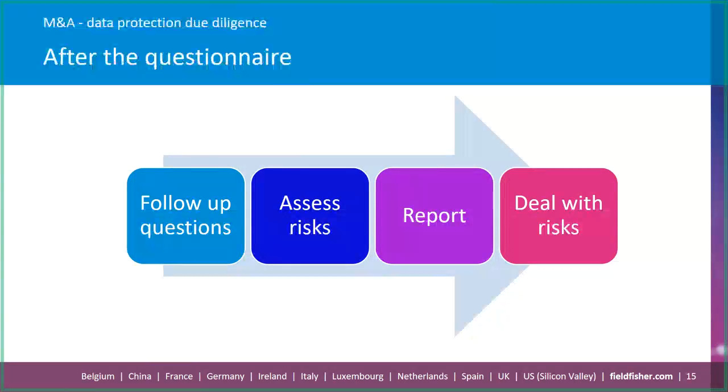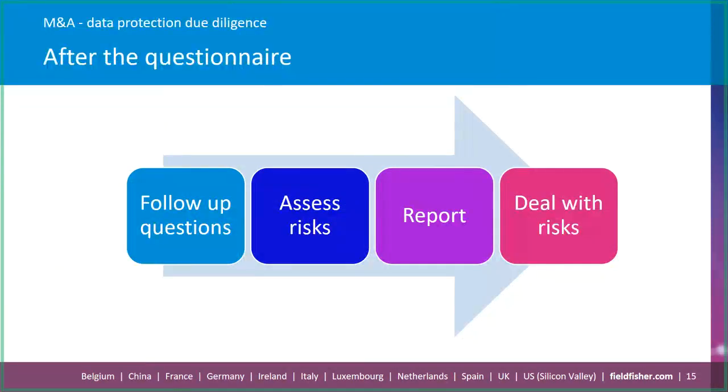It might be that the answer provided isn't actually any clearer. It doesn't give you the answer you were looking for or you're not able to understand. Equally, some of the documents uploaded may not be what you're looking for, or raise further questions about what other things you might require. So you'd usually get an opportunity to ask follow-up questions. This is, of course, still dependent, and if there's a very tight timeline, this may not be in scope.